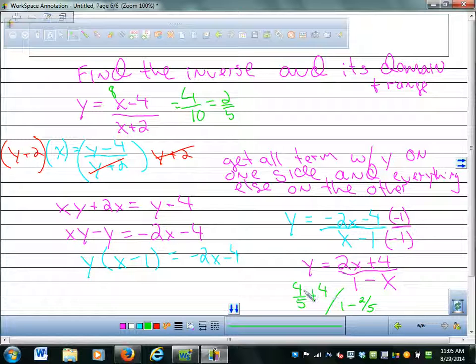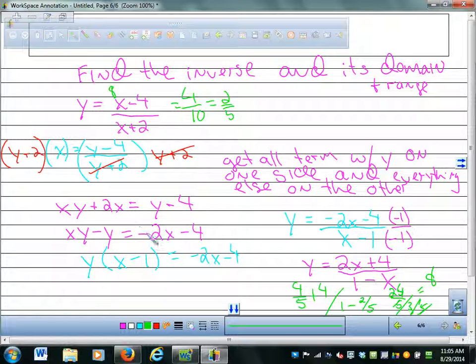That's 24/5 over 3/5. The 5's cancel out. I get 24 over 3, which is 8. That's kind of math in your head stuff, but it does work, okay?